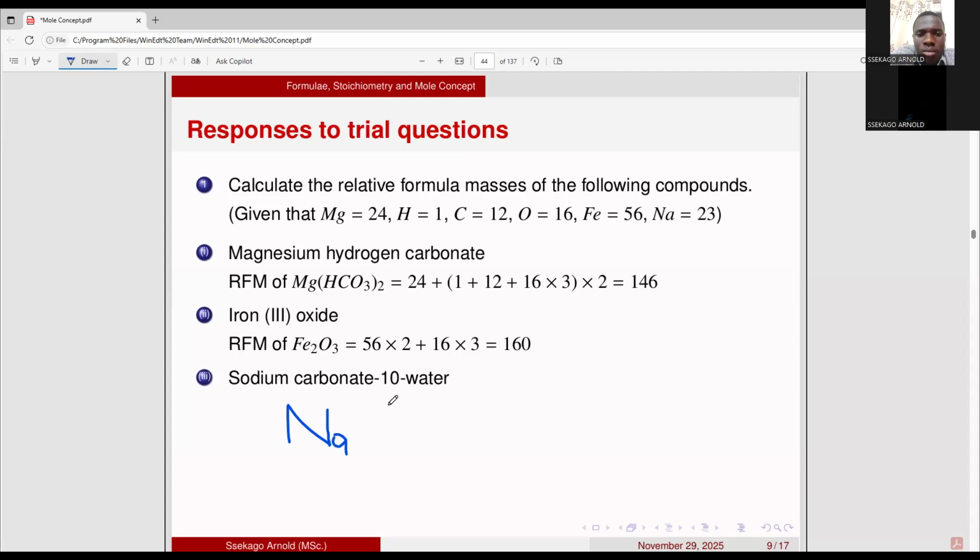Then it also has carbonate. Carbonate is a radical given by CO3. This is the symbolic representation of carbonate, CO3. Then sodium has a valence of 1, carbonate has a valence of 2. So exchanging, we shall have the 2 come down here, and also the 1 come here on the carbonate.